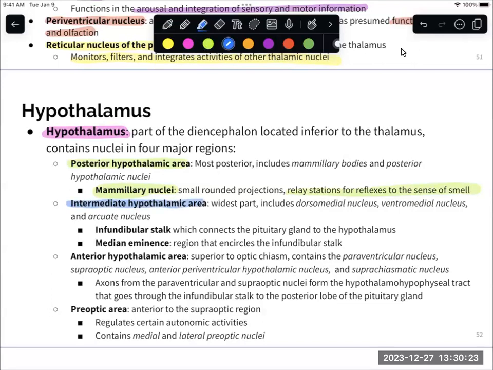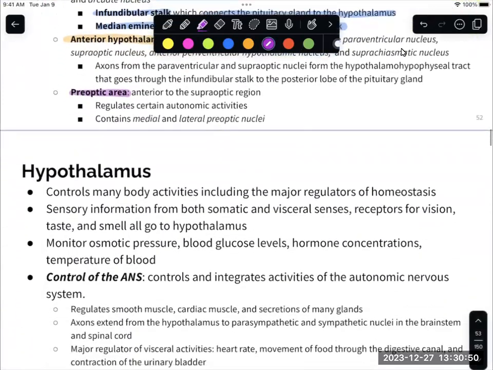Intermediate hypothalamic contains this infundibular stalk to connect the pituitary gland to the hypothalamus. And then we have the median eminence around that infundibular stalk. We have the anterior hypothalamic area. We have a preoptic area. So there's a lot of different areas in the hypothalamus.